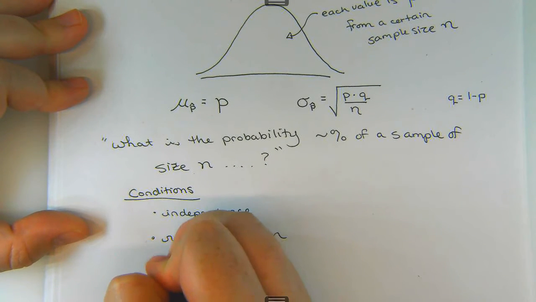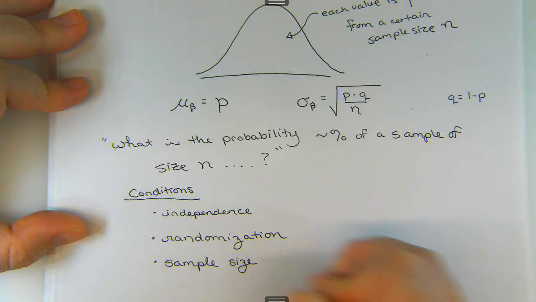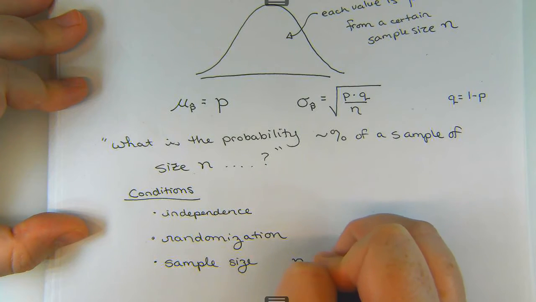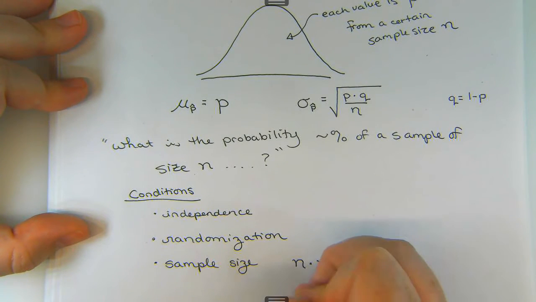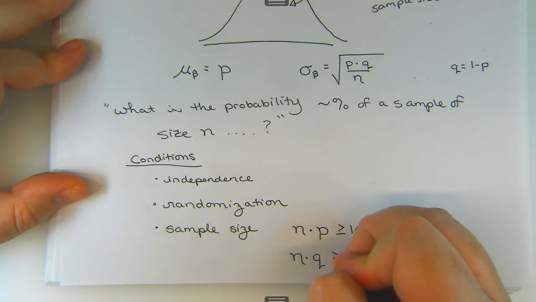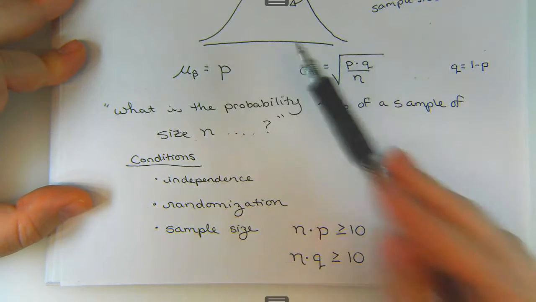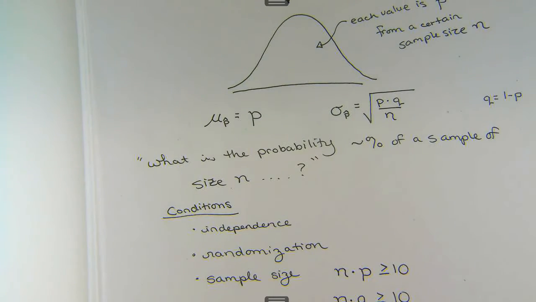Then our sample size condition, also called the success-failure condition: the sample size times our proportion p should be more than or equal to 10. Also, the sample size times 1 minus p, or q, should also be more than or equal to 10. Once we pass those conditions, we can use this bell-shaped curve and start calculating probabilities.